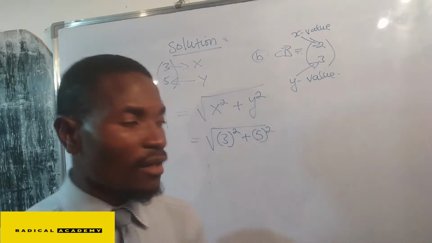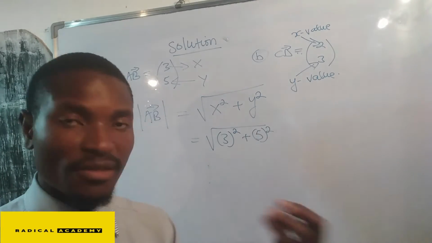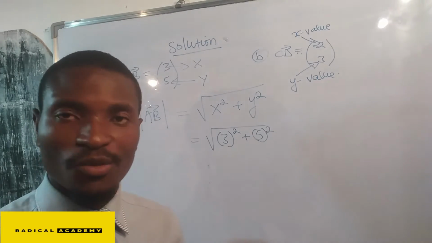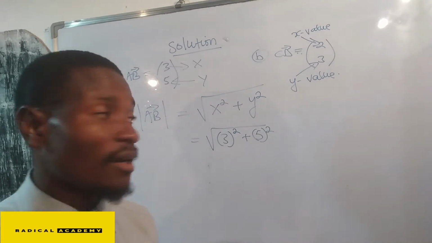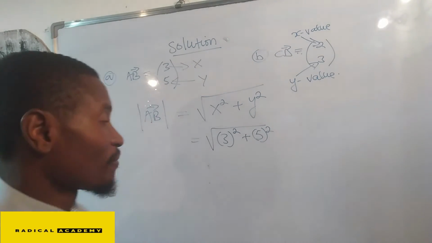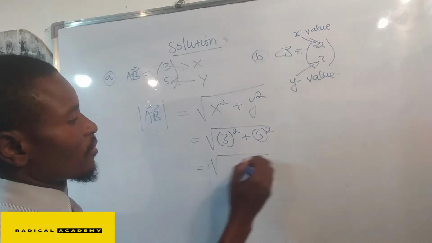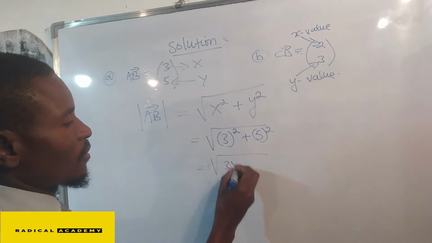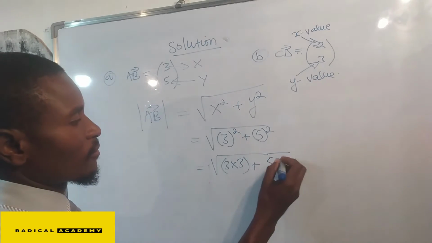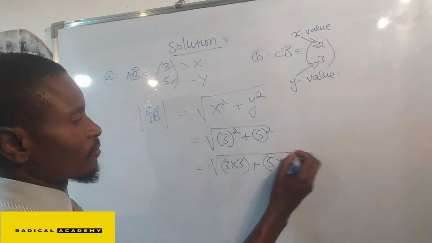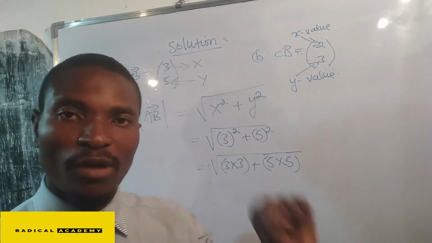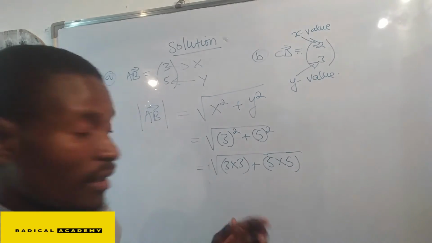Remember, you should always include the brackets so that you don't confuse yourself, or just to ensure that you get the correct answer, whatever is squared should be put in brackets. So this is 3 times 3 plus the square of 5. The meaning of a square is that each number is multiplied by itself.